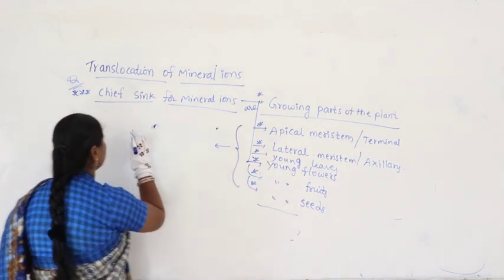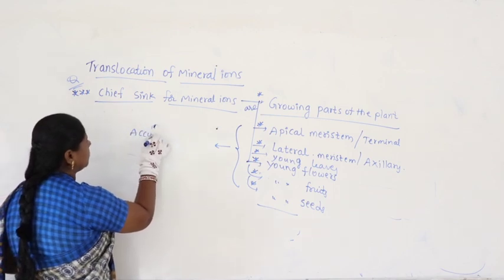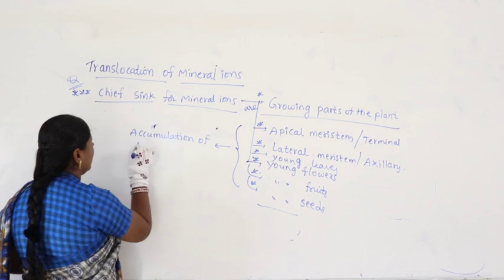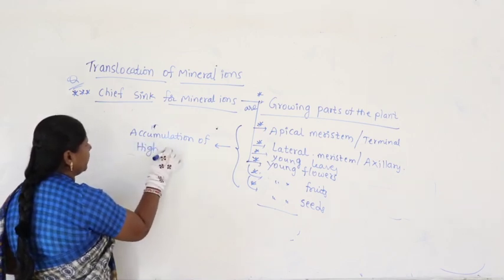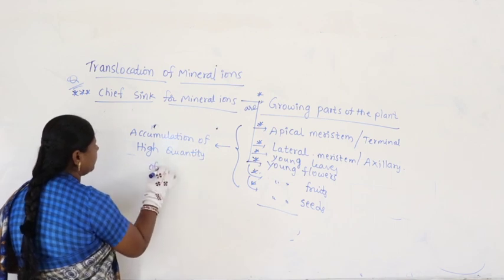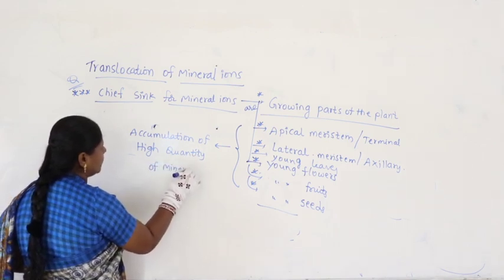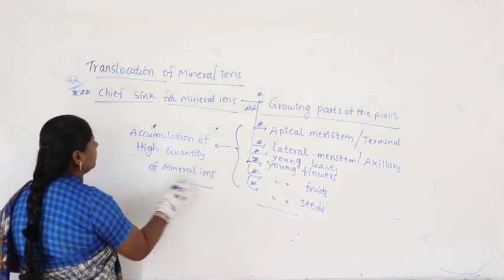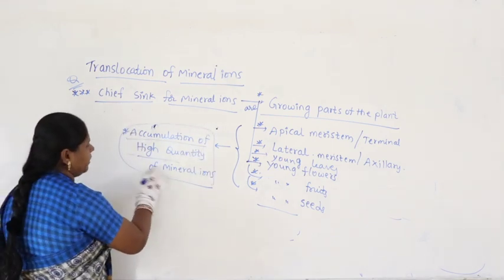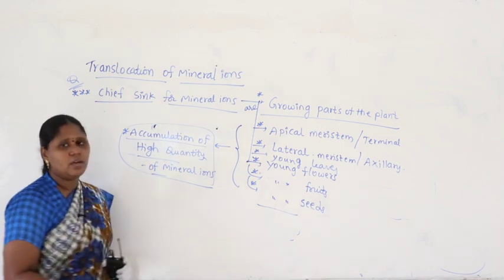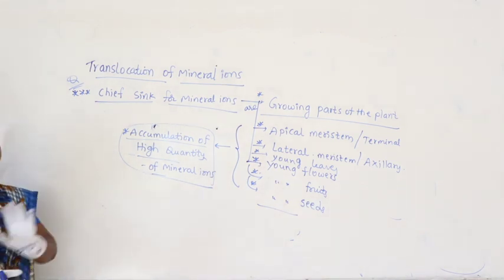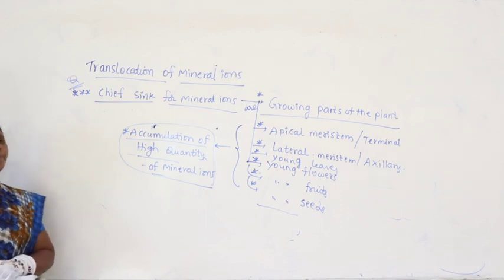In all these plants you can see accumulation of high quantity of mineral ions, or we say rich in mineral ions. That is the reason we say the chief sink for mineral ions is growing parts of the plant.